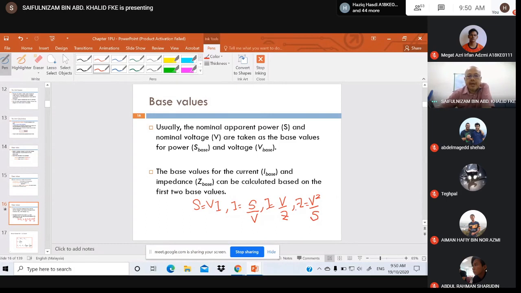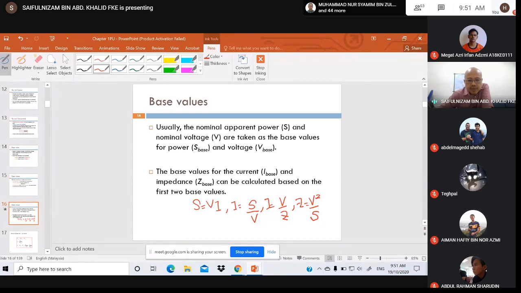Can you try? Did you get Z equal to V squared over S? All of you got this expression? Yes, we got the expression.